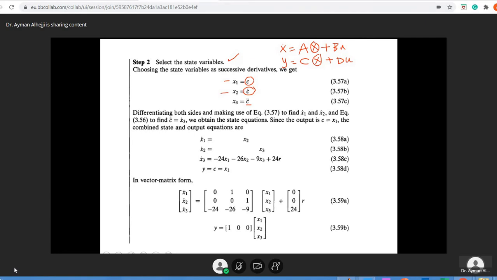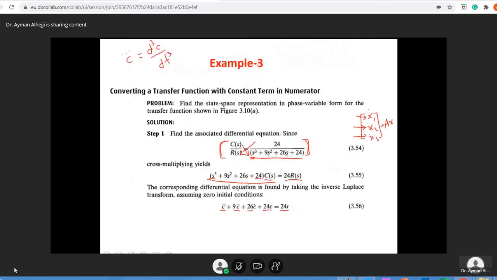Because if you integrate each part, it gives us the original. For example, here, C triple dot equals what? If I take this alone, d cubed C over dt cubed equals what?